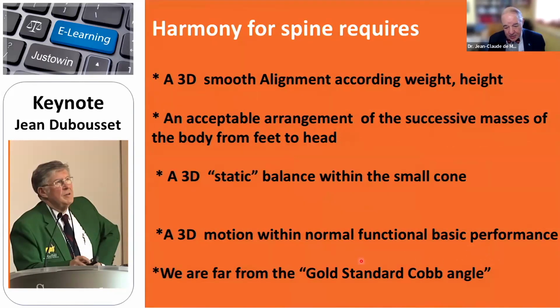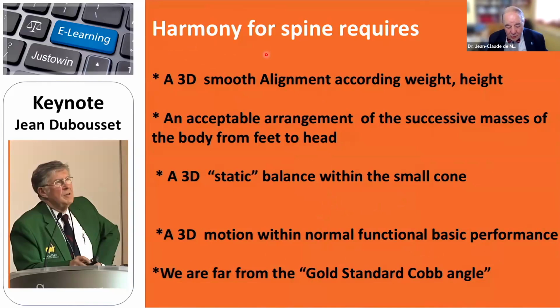It was a gold standard. We are far from the gold standard Cobb angle. It's the gold number more than the gold standard, the Cobb angle. And this is why, to have this harmony, we work also on this rib cage, on the trunk.